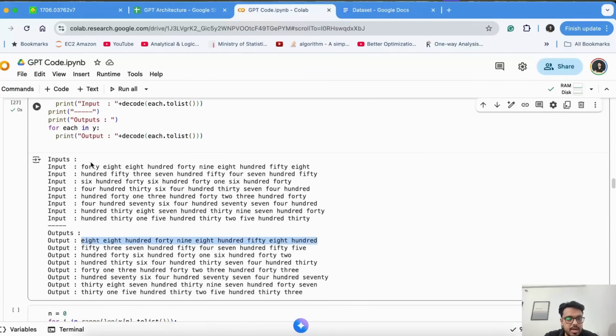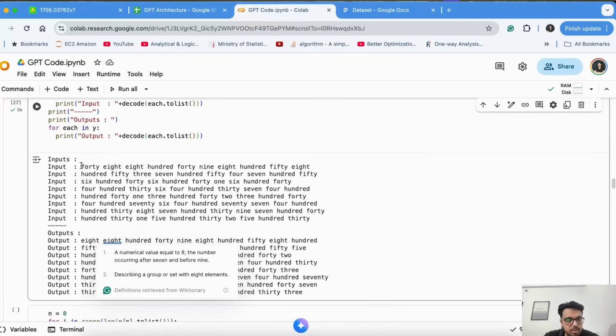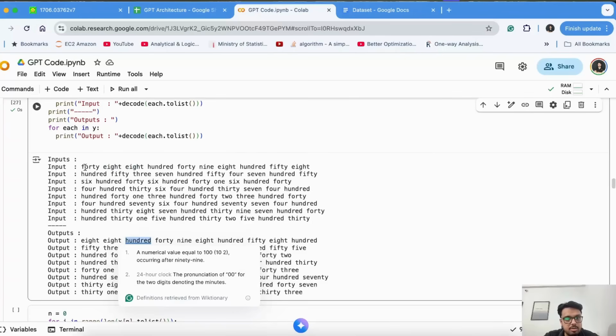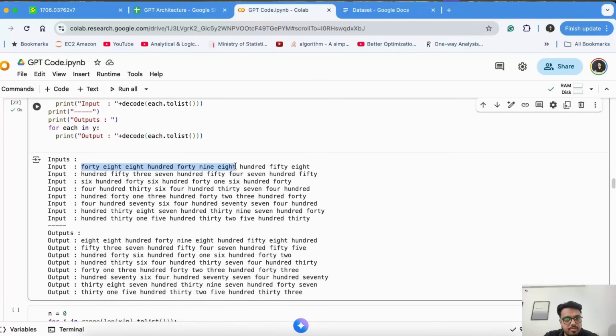How it works is that if the input is only 40, the output is 8. If the input is 48, the output is 8. If the input is 48, 8, then it is 100. Let's take a bigger example: if it is 48, 849, 8, then the next output will be 100.